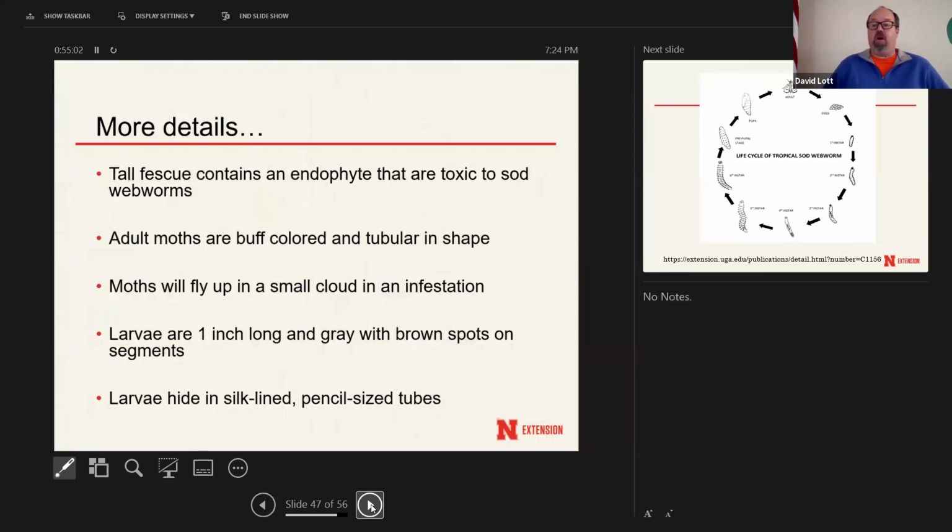They hide in these silken circles and holes in the ground. They have the circle shape and this silken material that the larva will hide in, like a pencil-sized tube in the lawn. So that's another giveaway that helps us identify this pest.